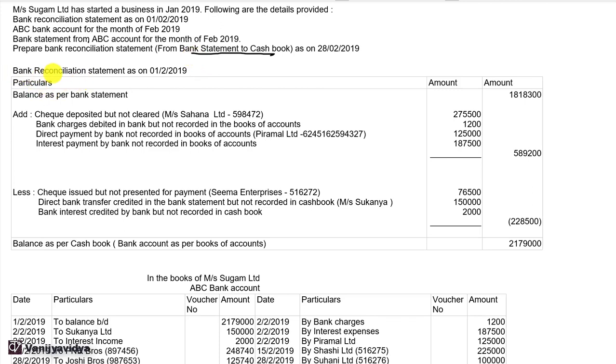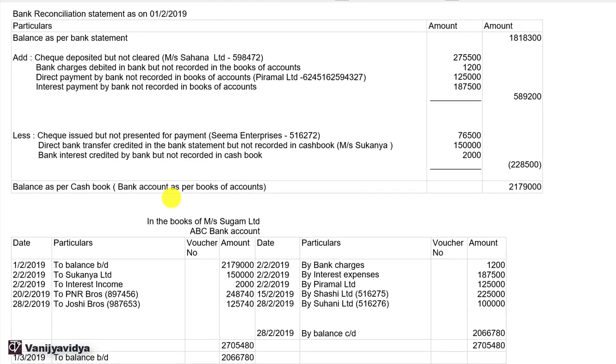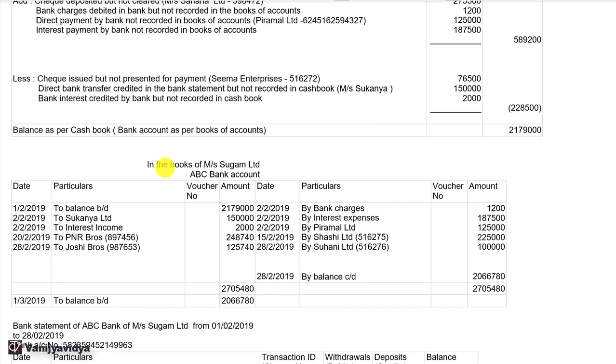Now this is a bank reconciliation statement as on 1st Feb 2019. Then we have, in the books of Messrs. Sugam Limited, ABC bank account. So we have a ABC bank account in our books. So this is debit and this side is credit.